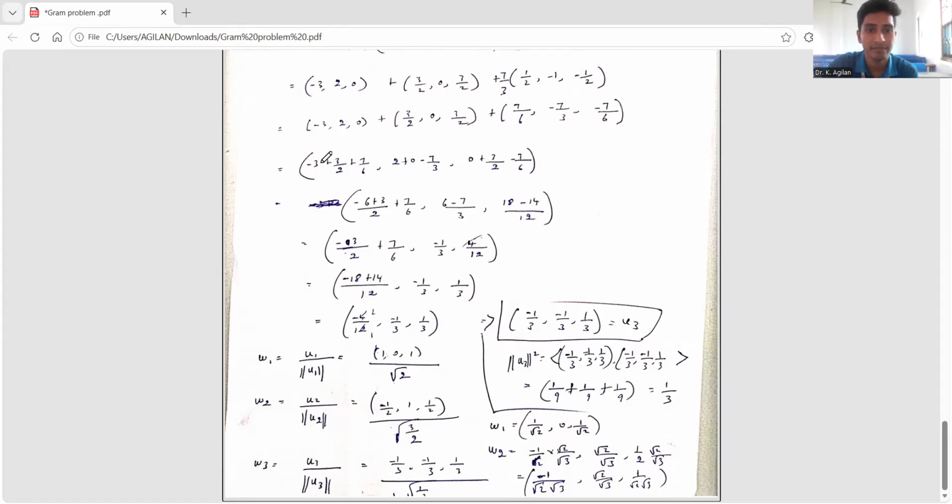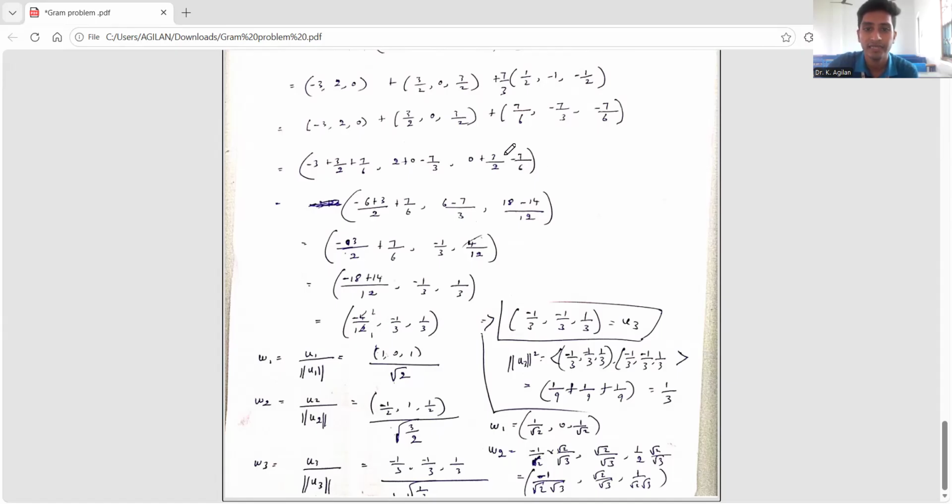The numerator and denominator should be multiplied by 2. So minus 6 plus 3 divided by 2 plus 7 by 6. So here multiply by 3 by 3. So 6 minus 7 divided by 3, comma. Here multiply by 3. So the LCM is 12.